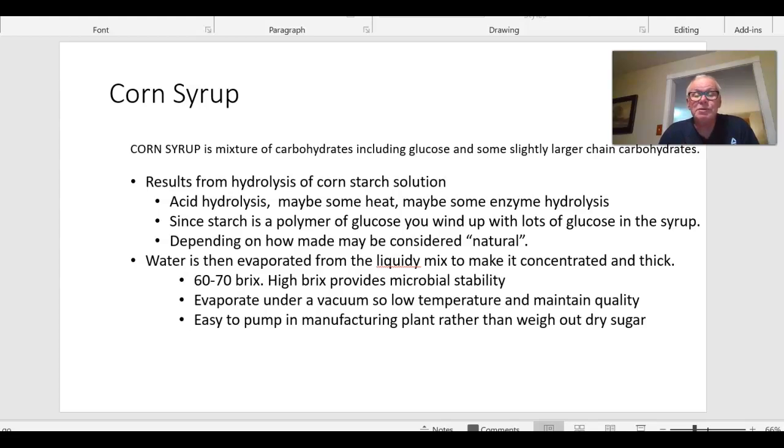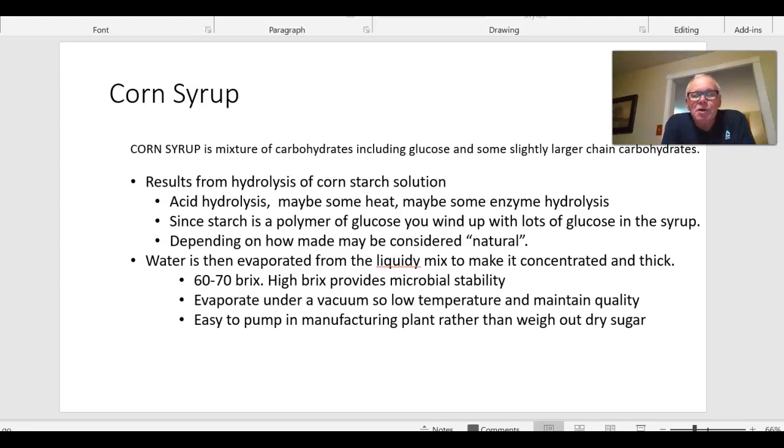So what you basically do is you collect the cornstarch and then you hydrolyze it. Now remember the composition of starch. Starch is basically just big long molecules of a bunch of glucose units hooked together. If you hydrolyze it, you get glucose and some other small sugar compounds.